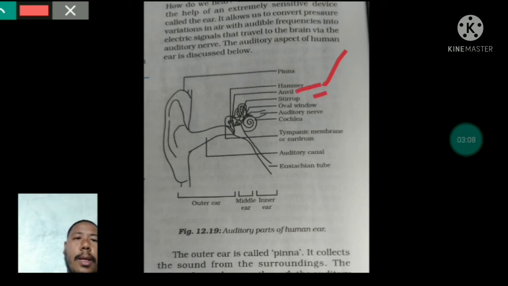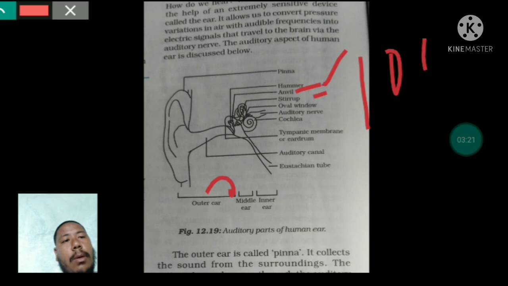Suppose the sound is coming. You have seen that when we talk into a microphone, the sound is not that loud, yes or no? But later on this sound will be amplified 10 times or 100 times. The small sound will be amplified 100 times.